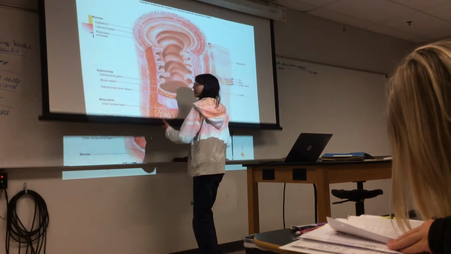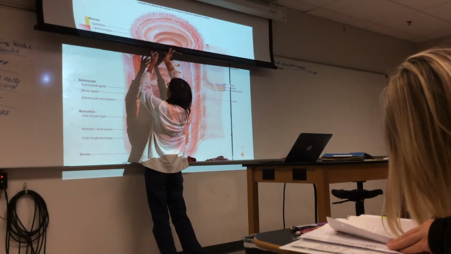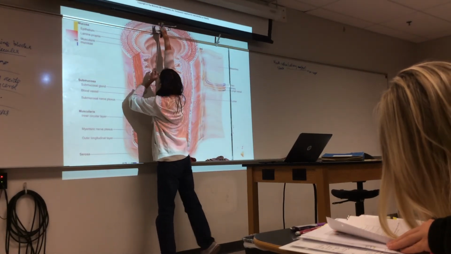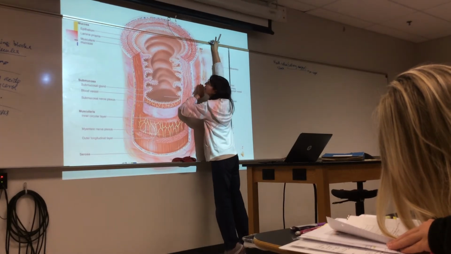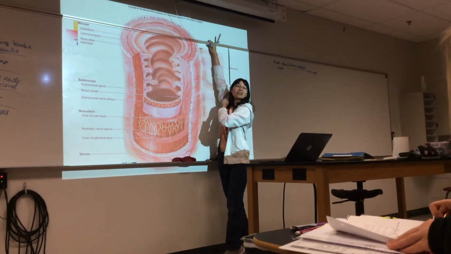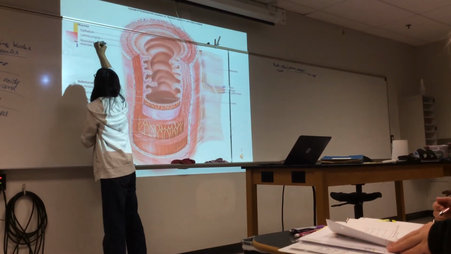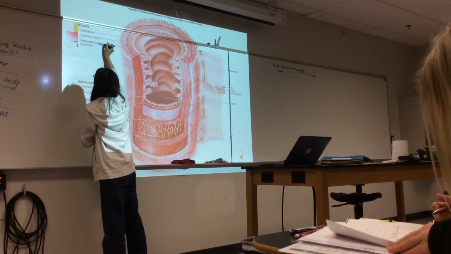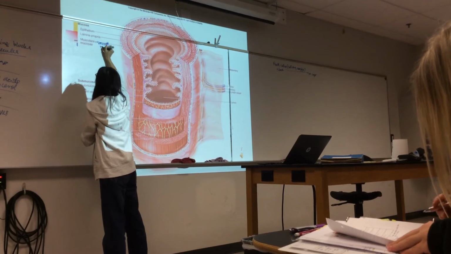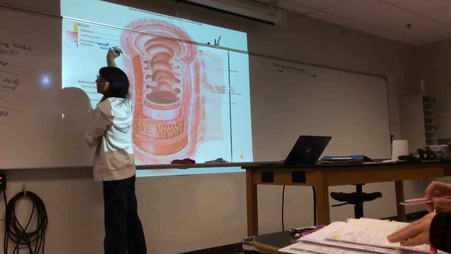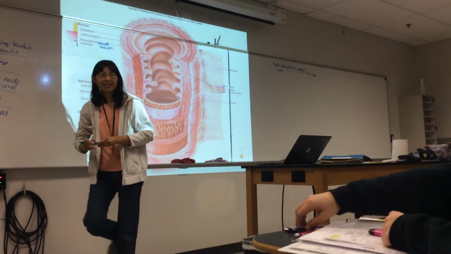What does muscularis mean? You don't have to write it. What does muscularis mean? Muscle. What kind of muscle? Smooth. Today is all about smooth muscle, isn't it? Okay.